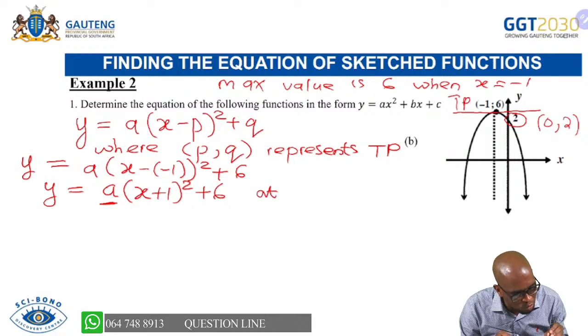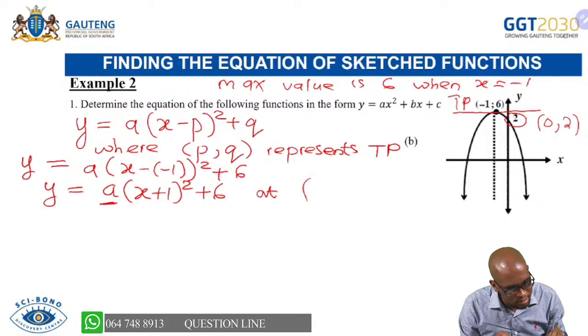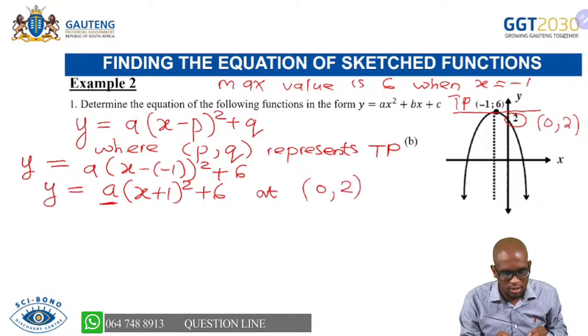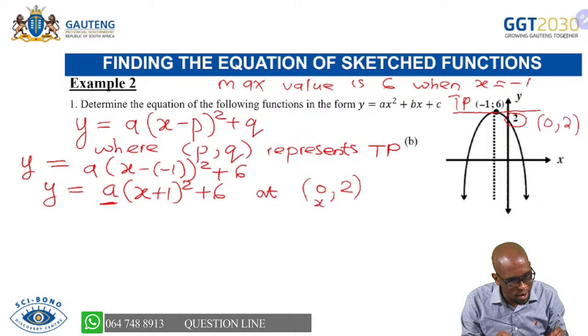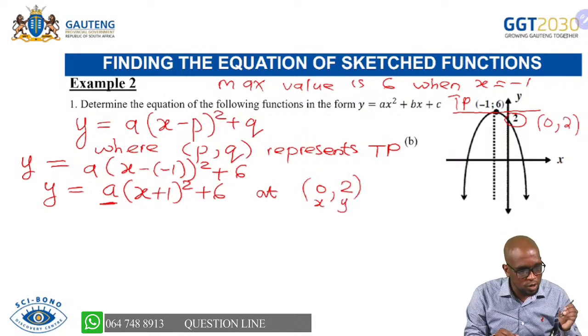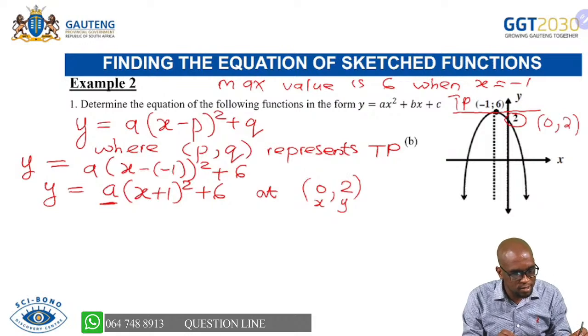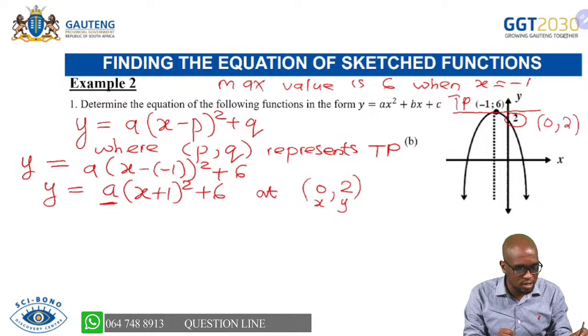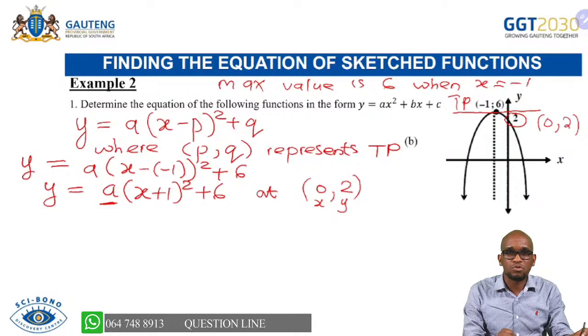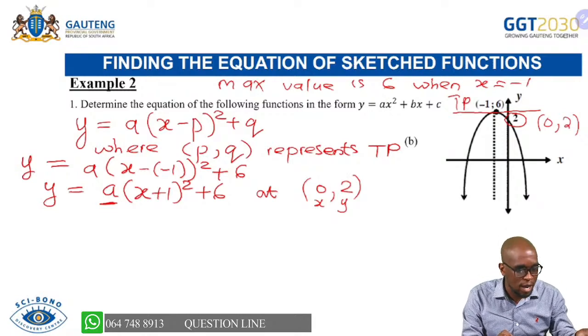We are going to consider the given additional point on the graph, which is (0, 2), where x is 0 and y is equal to 2. So we substitute x is 0 where we see x in the equation, and y is equal to 2 where we see y in the equation.